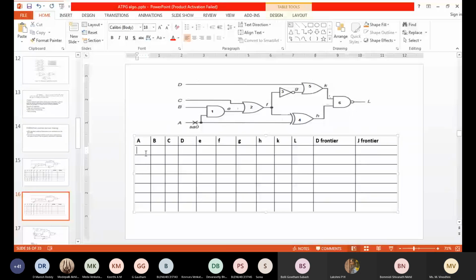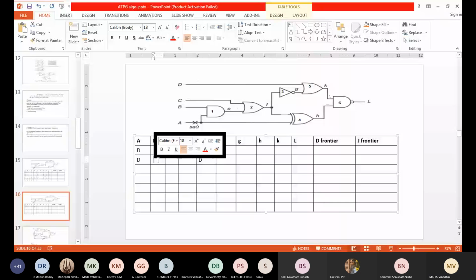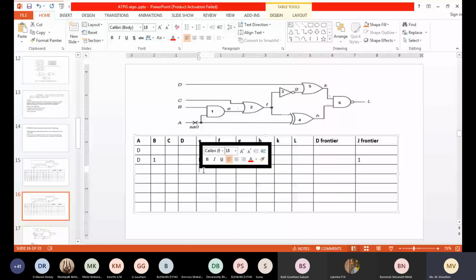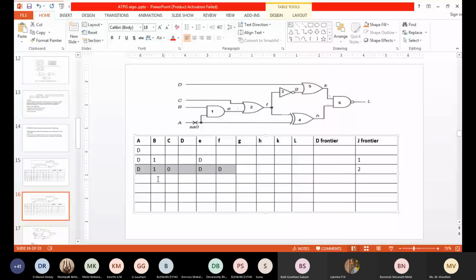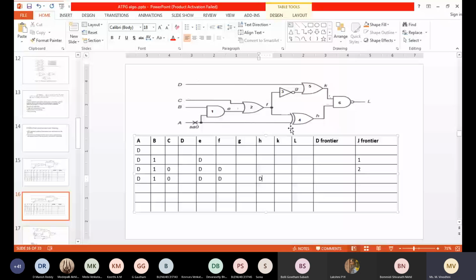I will also do here. Is it possible to propagate here?